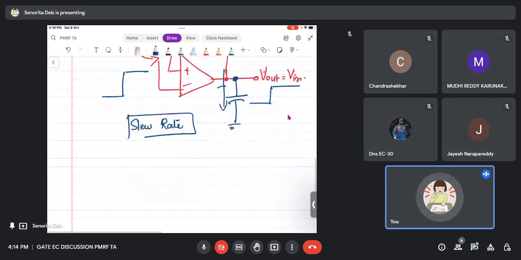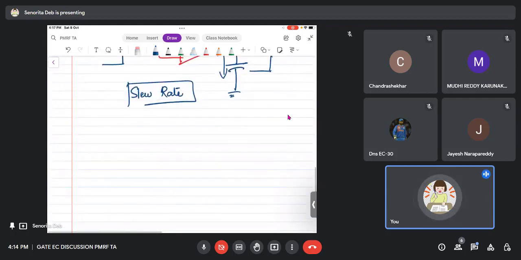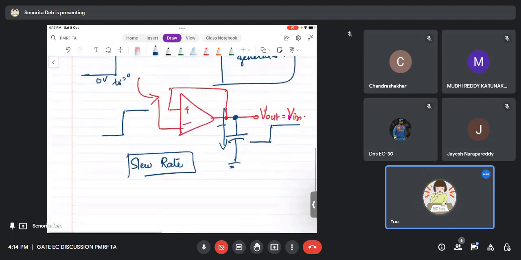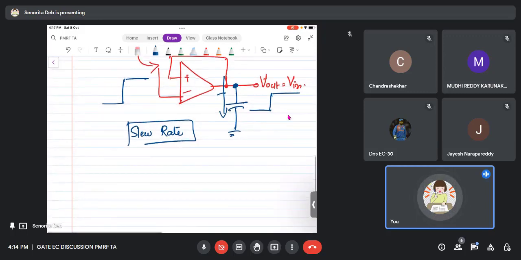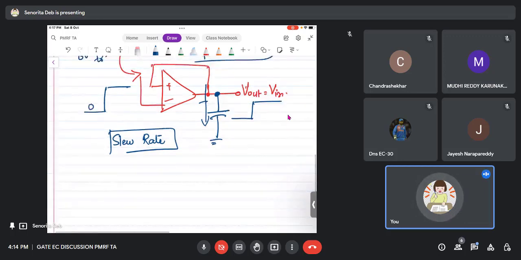The bookish definition is that it is the maximum rate at which output voltage can change for a change in input. That is what I just explained. For a change in input, how fast can the output voltage change? Suppose your input goes from 0 to 1 volt, your output will slowly keep on increasing.